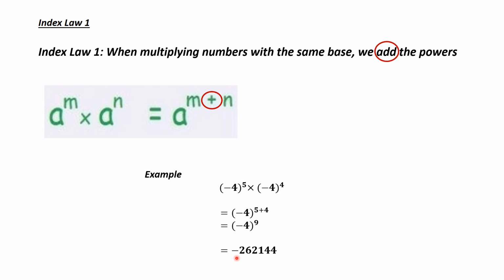But in this case, if we think back to our previous lesson, the first half of 3G, if I have an odd power with a negative base, I'll get a negative answer. So in fact, this number is actually quite small. Looks big, but because it's negative, it's quite a small number.